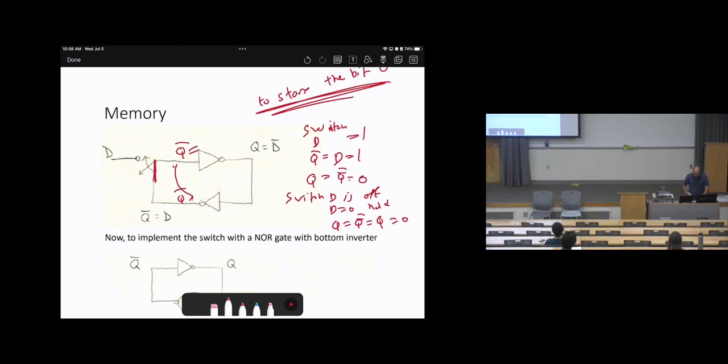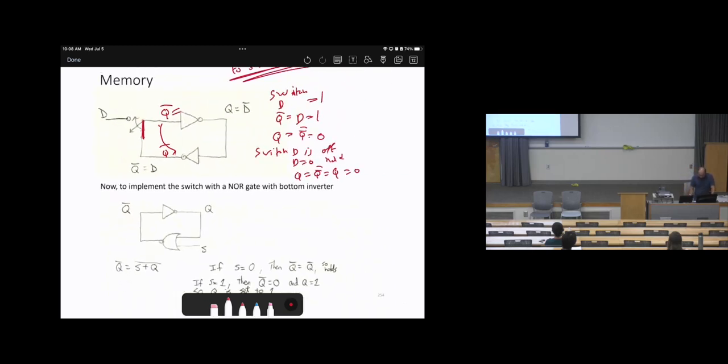There is an implementation that we can make much easier by using NOR gates representation. So we can replace that switch and that NOT operator with a NOR gate, so the problem will be easier. How?